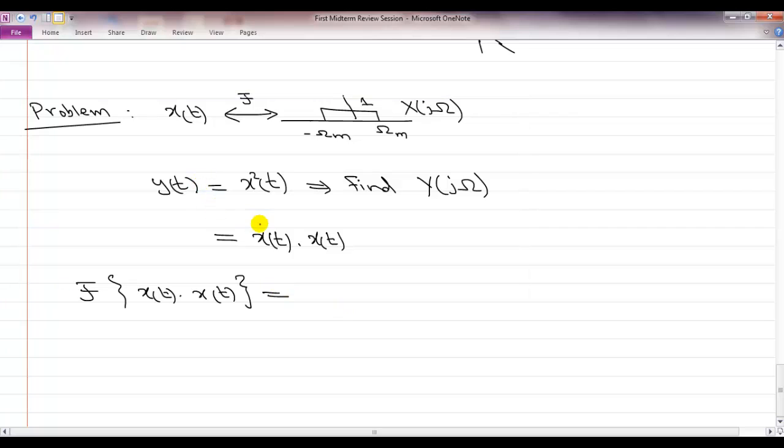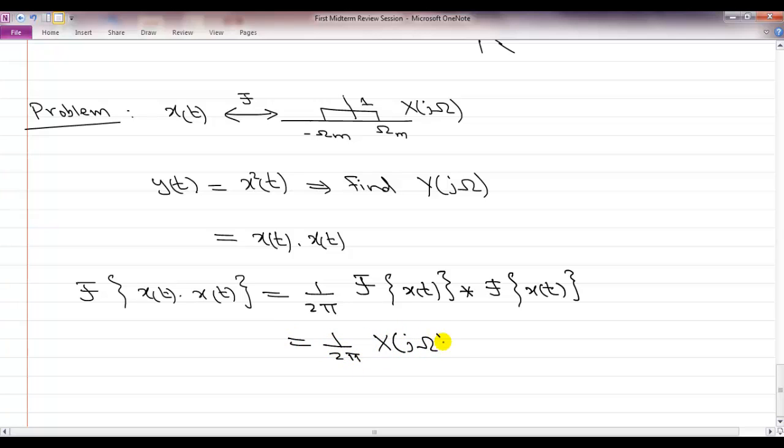That is simply equal to 1 over 2 pi times the Fourier transform of x of t convolved with the Fourier transform of x of t. So that is 1 over 2 pi, X of j omega convolved with X of j omega.